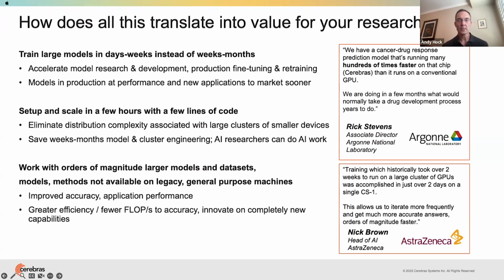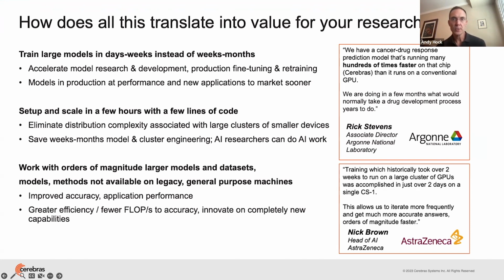And last but not least, with massive compute volume comes the ability to work with much, much larger data sets. That might be necessary, either unimodal or multimodal data sets, including language and other sequences, and eventually building into multimodal data sets.